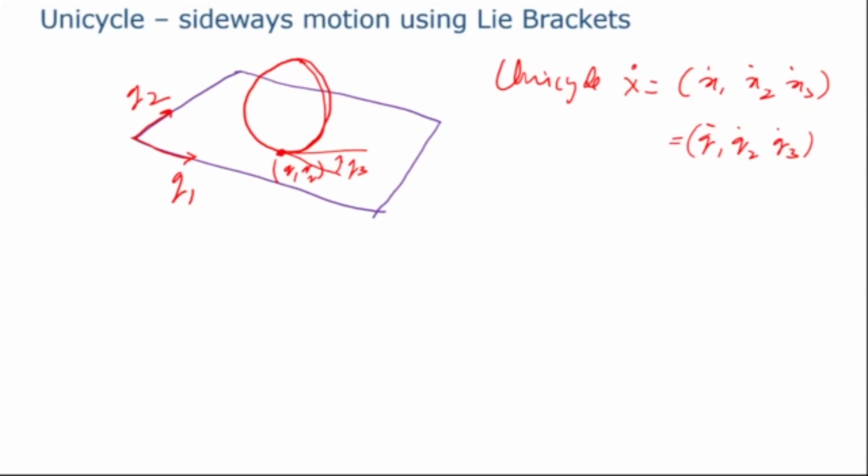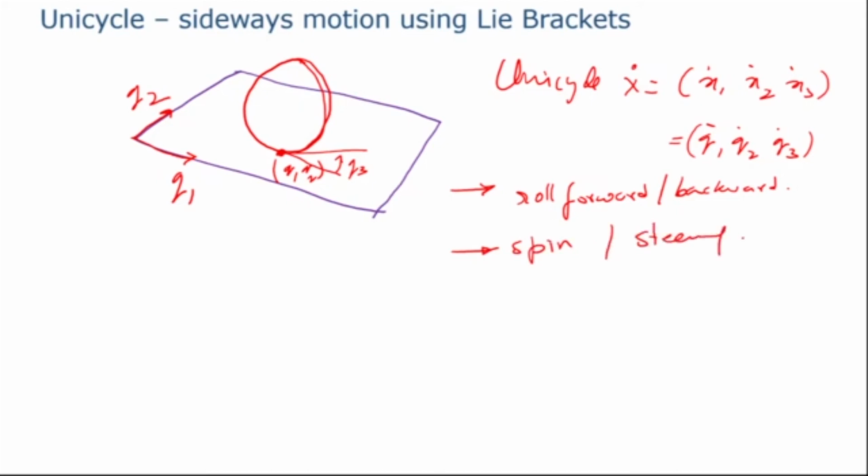Now this wheel can roll forward or backward, and it can spin about a point, or we can also call this steering. Please note that it has to go forward and backward. In the case of the car we saw, if the car can go only forward and not backward, then it's not controllable. So it has to be able to move forward and backward, and it must have a steering.